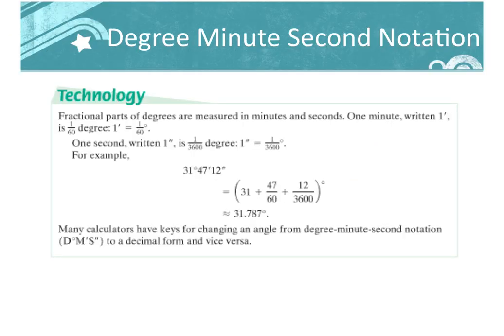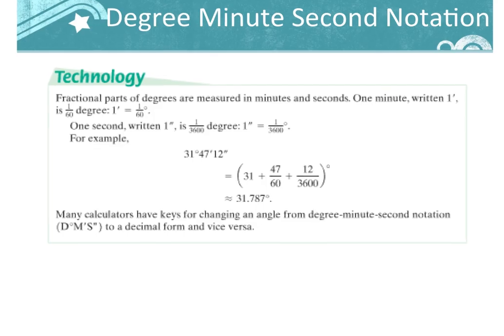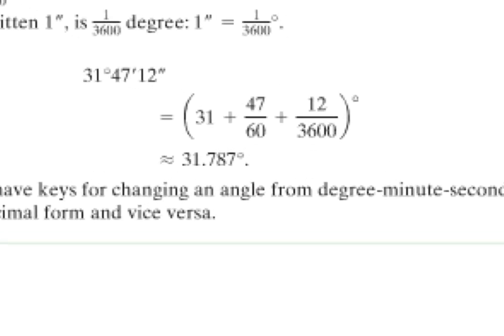All right, this is why you need your calculators. So we're going to learn how to convert from something called degree, minute, second notation to decimal degree. So if we look at the difference between these two notations, okay, it's a little blurry, but this is called degree, minute, second notation. Degree, minute, second, or DMS for short.